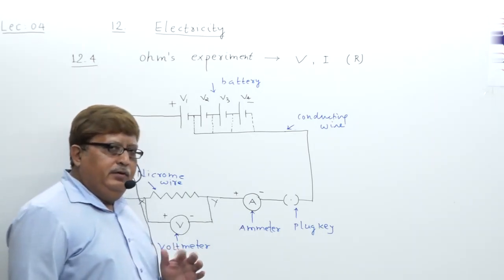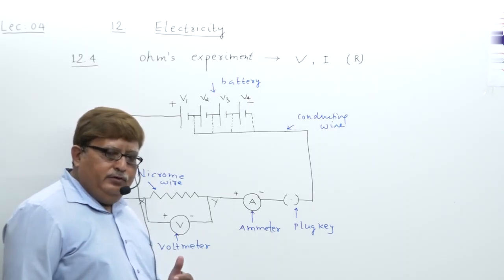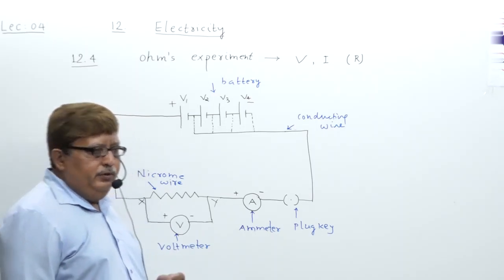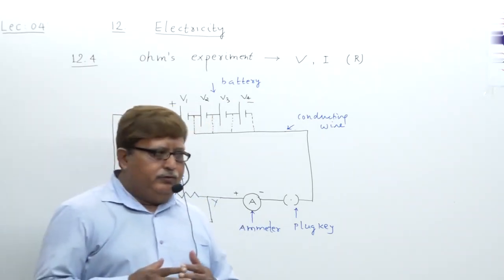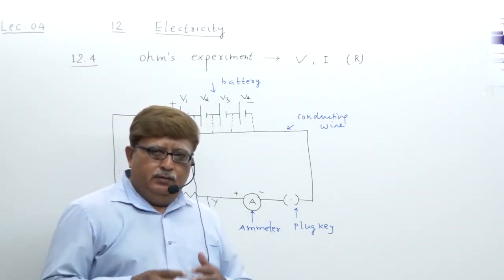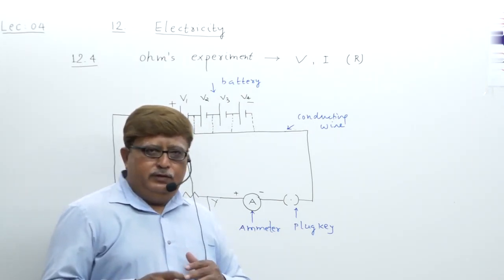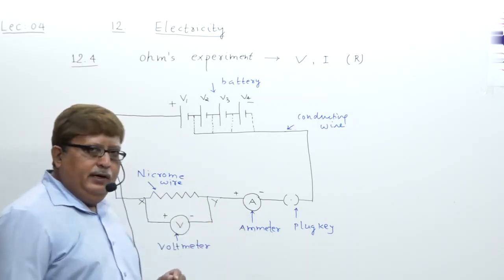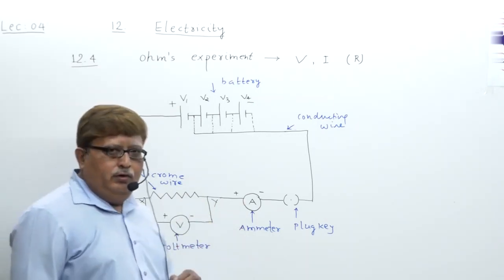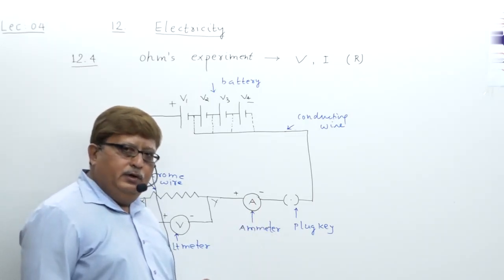Stage-wise, when you perform this particular experiment, you have to take observations of V and I, V from the voltmeter, I from the ammeter.